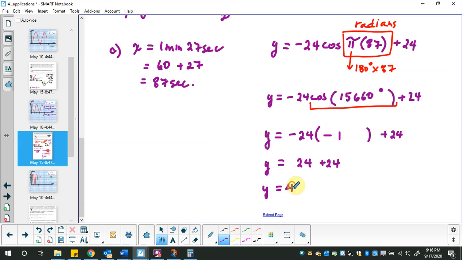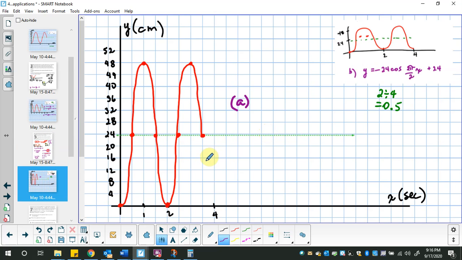So this is actually a very pretty point, and I can say that after 1 minute and 27 seconds, it is 48 centimeters off the ground. It's not at one of those in-between stages, it's actually at one of our dots, but I don't feel like continuing this for 87 seconds when I'm right here at 4.